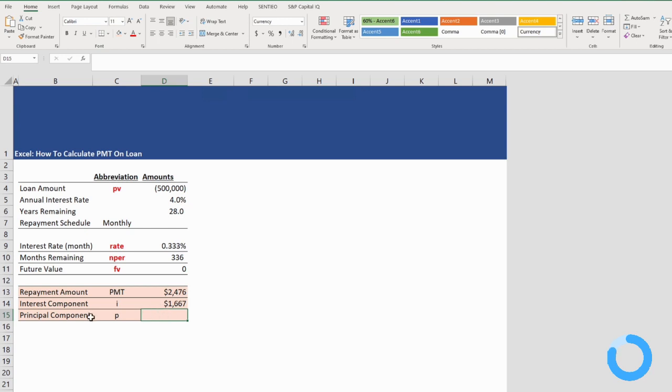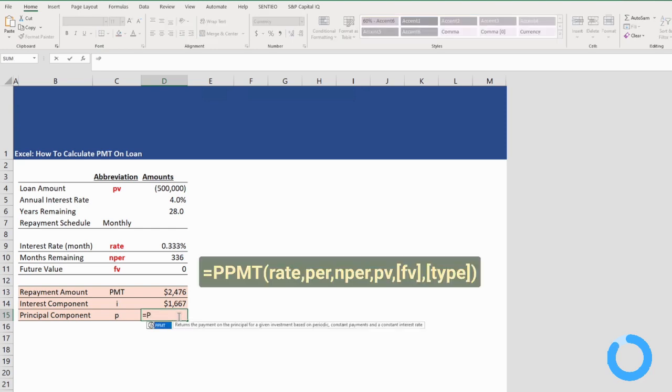Now it stands to reason that the principal component of this loan, or of these repayments, should theoretically be the difference between 2,476 and 1,667. So let's see if we can do that. Here we can use yet another function, which is principal payment. So once again, I'm going to use the monthly rate.